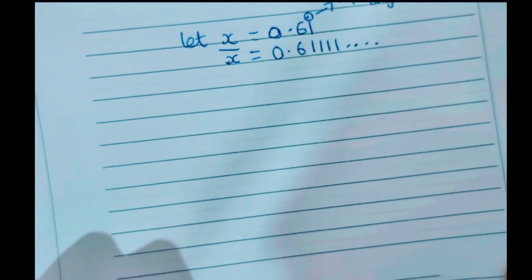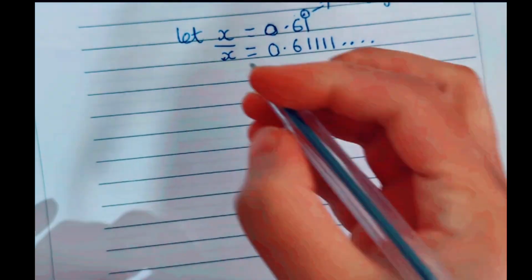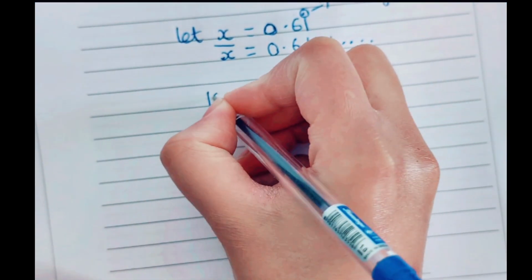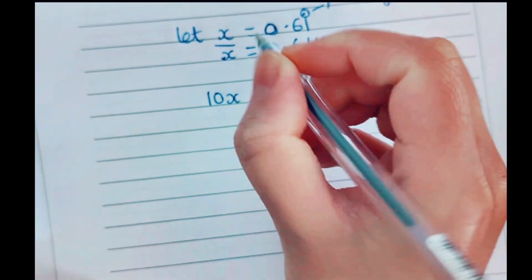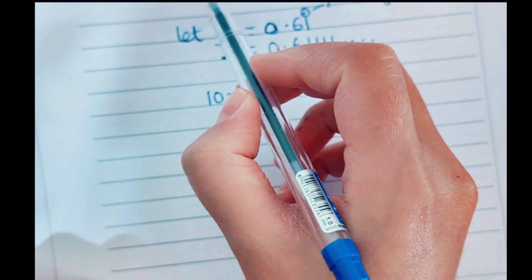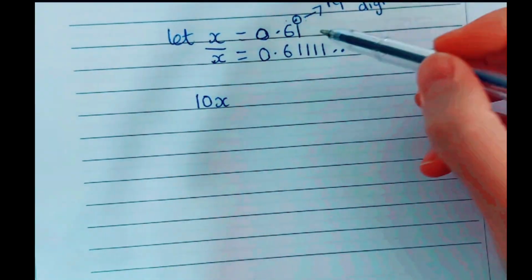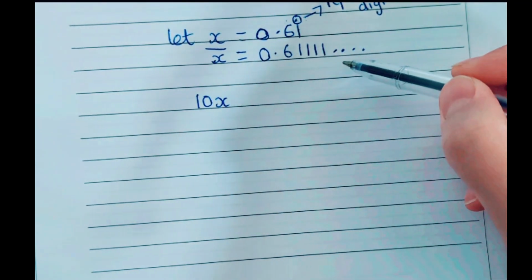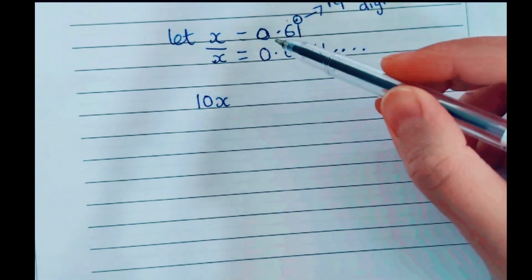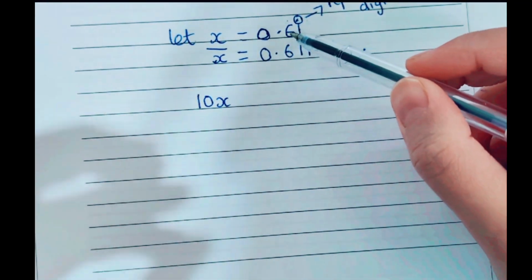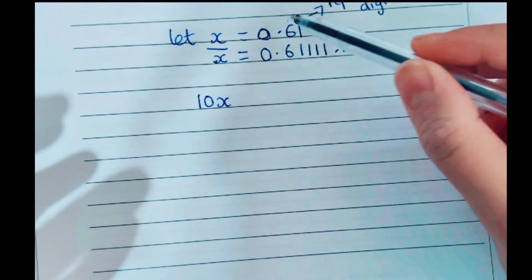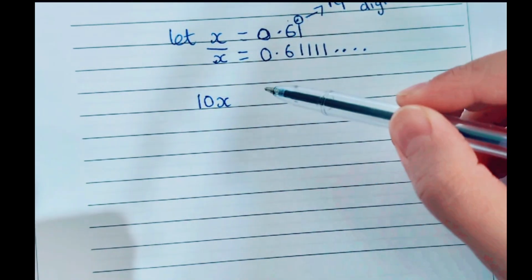So now that we've assigned the variable, we're going to multiply that x by 10. Our job is to convert this decimal into a fraction, and in order to do that we need to get rid of that recurring part and cancel it out. The way we can do that is by multiplying our decimal by powers of 10.